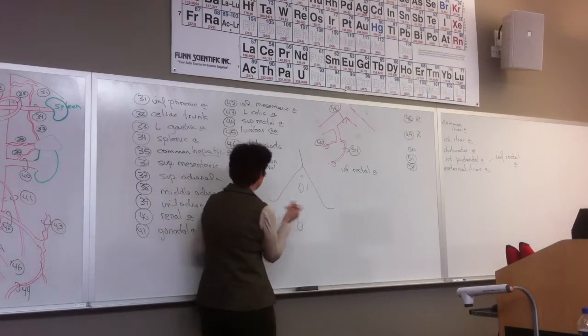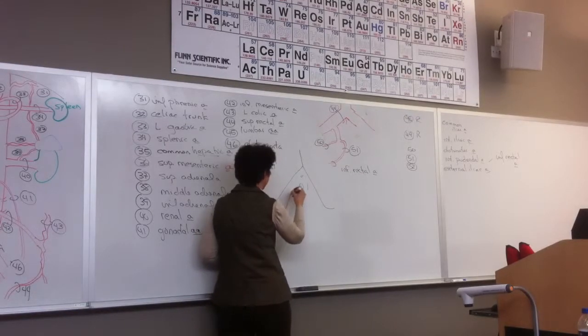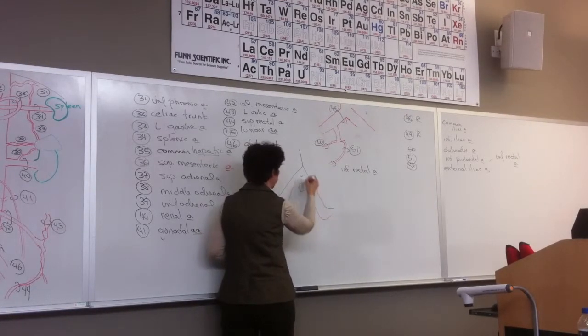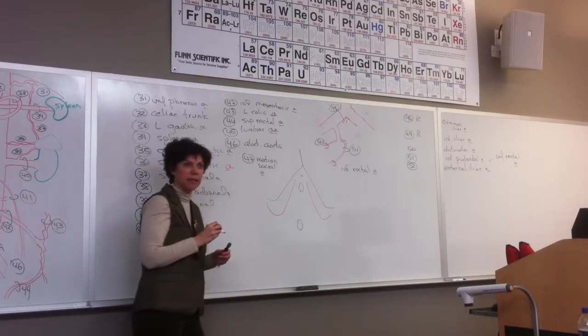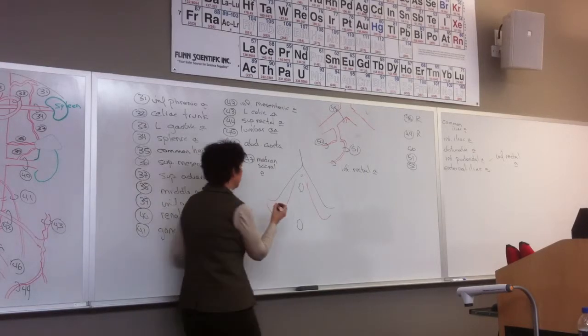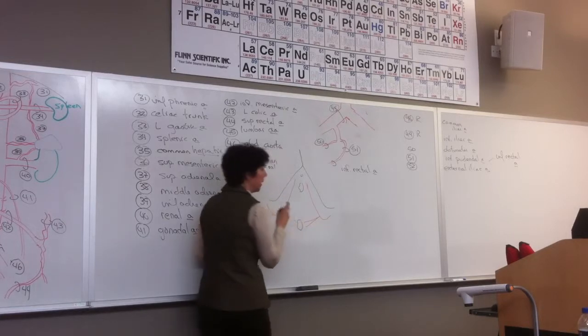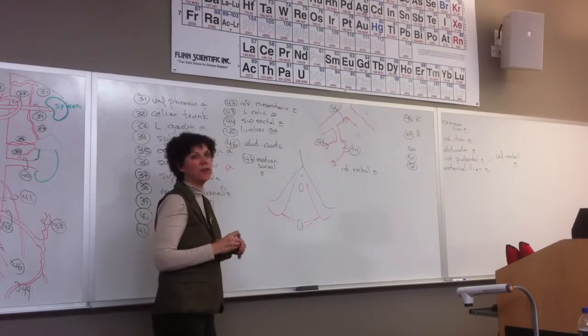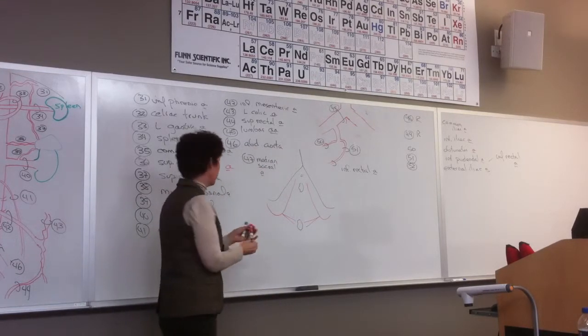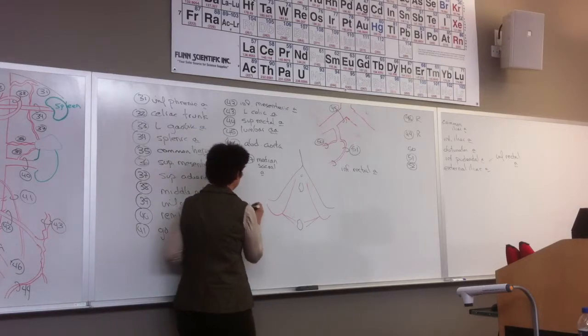And the internal pudendal is coming around and then sending superficial perineal branches along to the deep transverse perineal muscles with bulbospongiosus. All right, it's going to send branches here to the anal canal. Those are the inferior rectal arteries. Okay? So this would be internal pudendal.